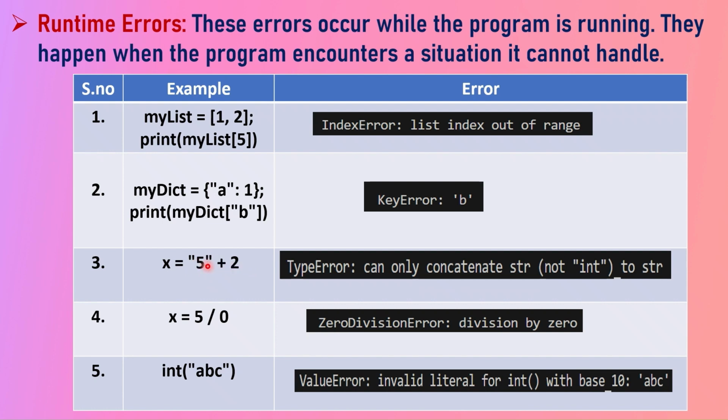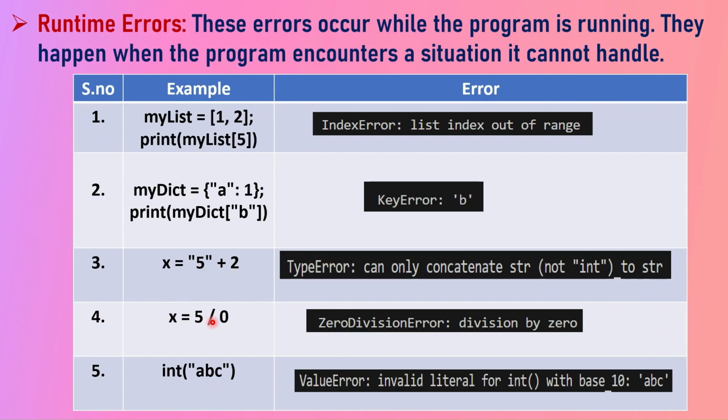Anything in Python within double quotes, we call a string. So a string cannot be added to a number. That's why it results in an error called type error, saying that can only concatenate string to string. String to string concatenation is possible, and number to int concatenation is possible, but a string to int concatenation is not possible in Python. So that's why it results in type error.